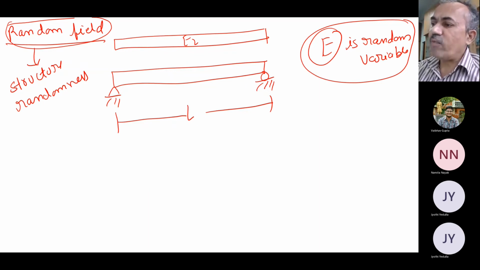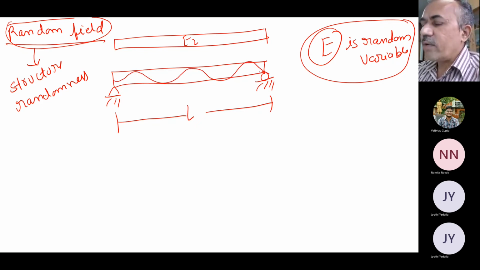But when I say it is a random field, the meaning is that my Young's modulus also varies within the beam itself. Some type of pattern it will have in the beam. So it is random, and if I take another beam, it is random only, but it has some type of structure. This is what we call a random field.